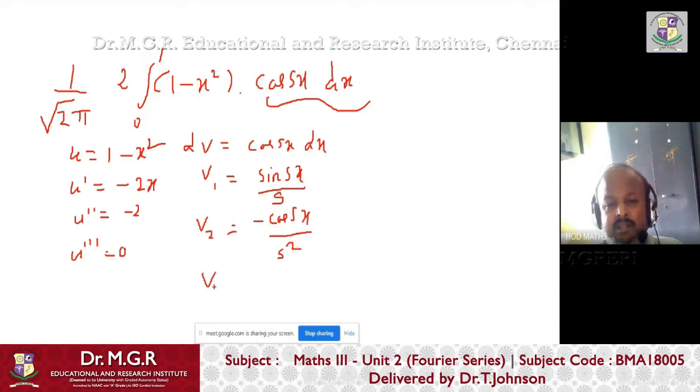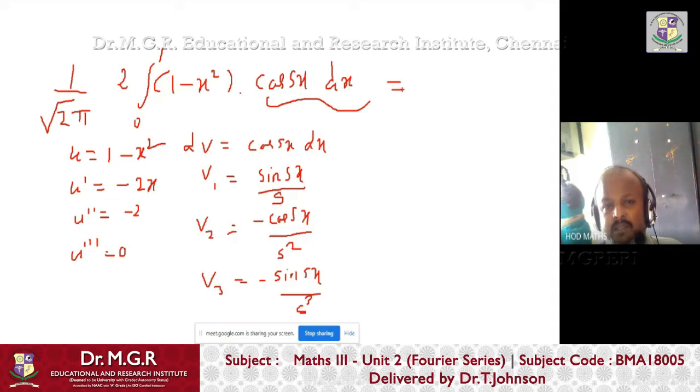Similarly, v3 is the integral of cos, which is plus sine, so minus sine, this minus is this, so minus sin sx by s cube. Right? So you can write u dash and v1, v2, v3 like this instead of an exponential function. Then after that, you have to put the limits only 0 to 1.